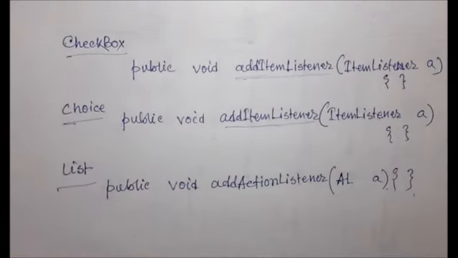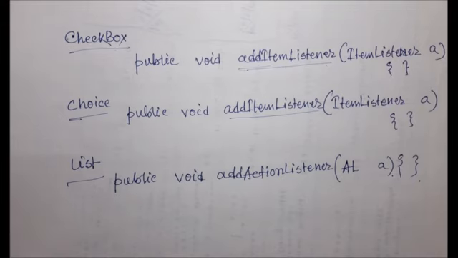And what I have discussed here is that each component by which the event is generated must register with some listener. Based on the listener, if any event occurs by this component, then the listener is going to be informed, and the listener will perform according to the information generated by the event.